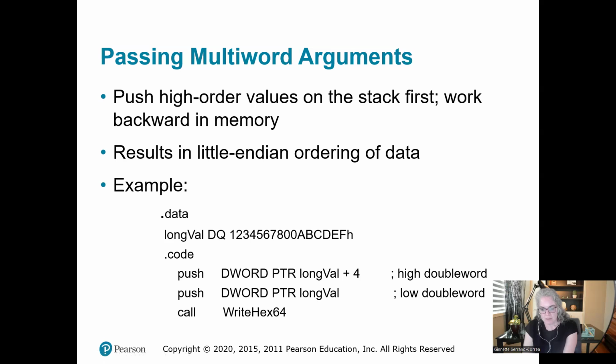Onto the stack, the max that we can have is a double word. So if you have quad words, which you would have in 64-bit programming, you would have to push your quad word in half. You'd have to push the high double word and then the low double word. You have to break it up in half.